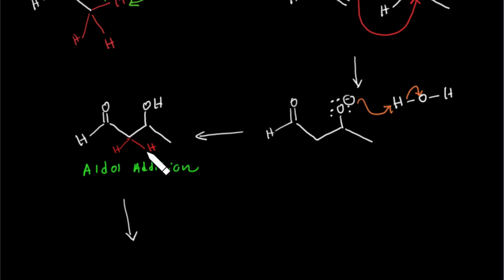Because we have base in our reaction pot, the OH, if you remember, grabs this hydrogen, breaks this bond and makes a new double bond here. Then we end up with this intermediate.